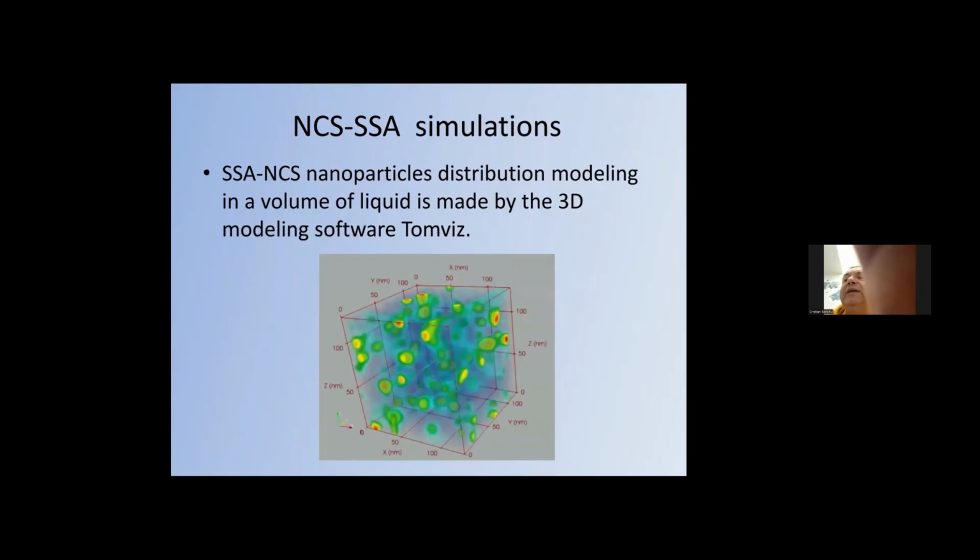Here you can see, for instance, a nanoparticle with a green shell, yellow core and red core, and you can estimate the size of a nanoparticle at around 20 nanometers. And also you can estimate the distance between two nanoparticles.